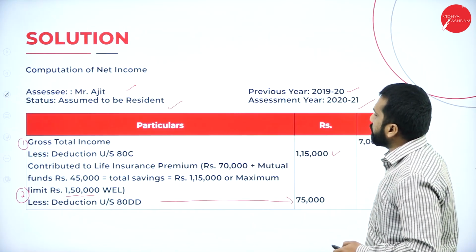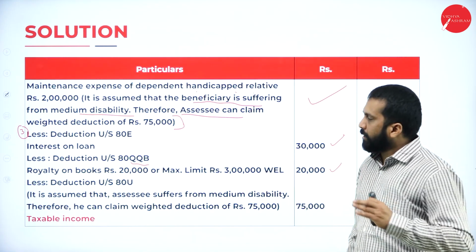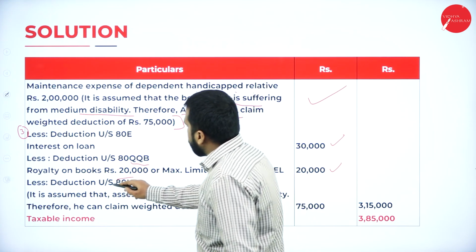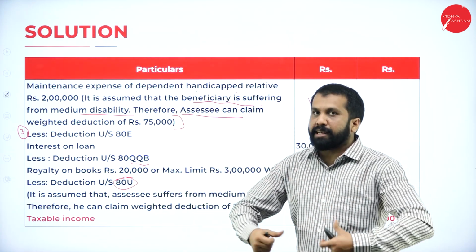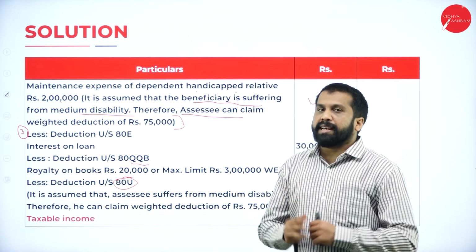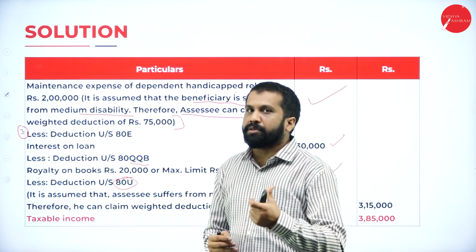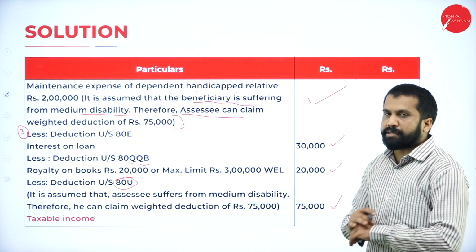So we go for 20,000. After this, it is assumed that assessee, 80U. 80U means what? Self-disability. Myself or assessee itself not capable. He is disabled. Then what we can do? Under section 80U up to 75,000 you can claim. So take 75,000. Yes, done.